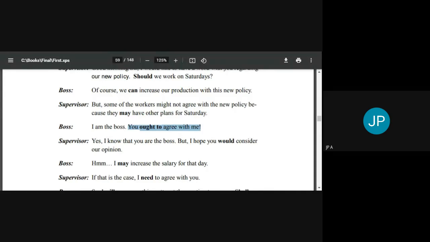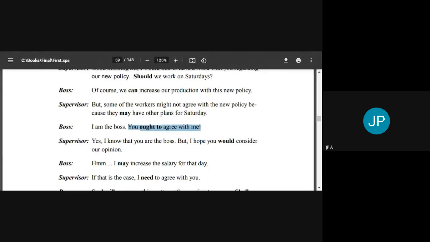I may increase the salary is not a possibility. He is the one who increases the salary. So what do you call it? It is a suggestion. It is an assurance. Very good. It is a promise. So he is actually promising. The boss is promising the workers or the supervisors that if you work on Saturdays, I will increase your salary. So may in this sentence has the meaning of promising.